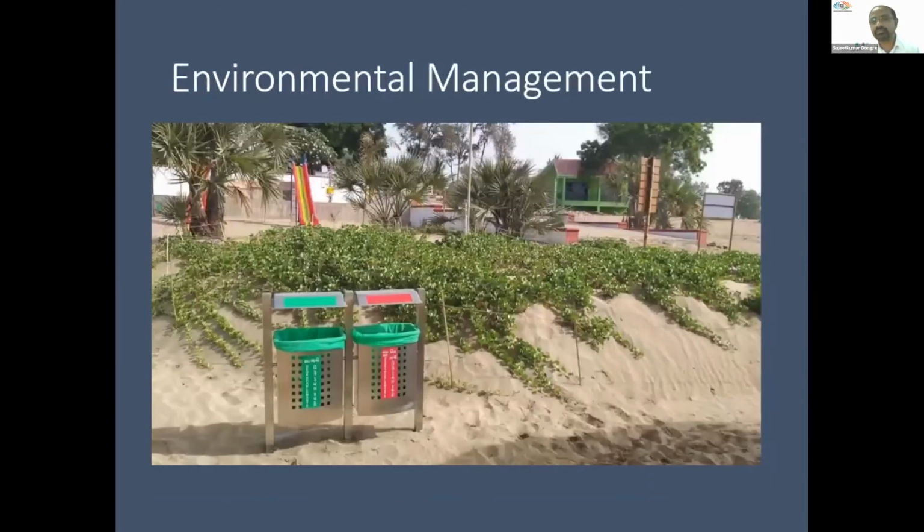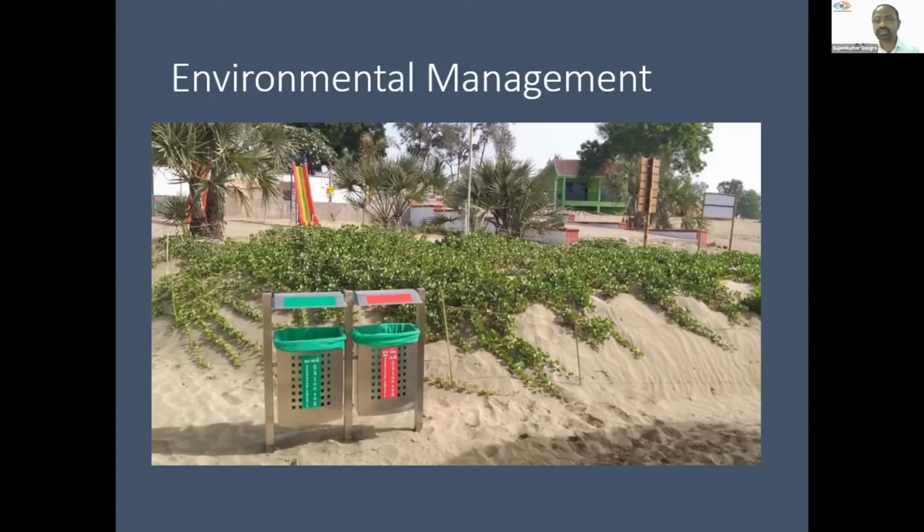One of the things we did in environmental management is that most of these places have dunes. The volunteers on the Blue Flag beaches identified these dunes and helped plant certain species.